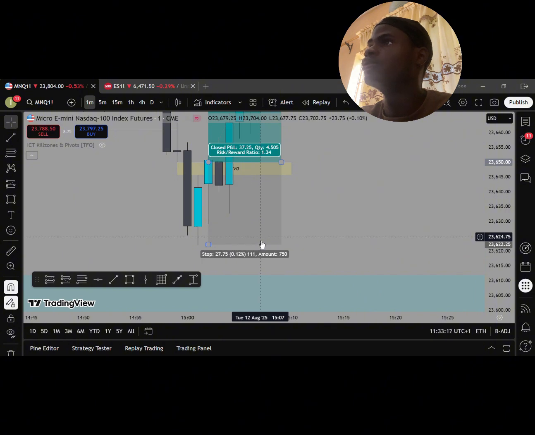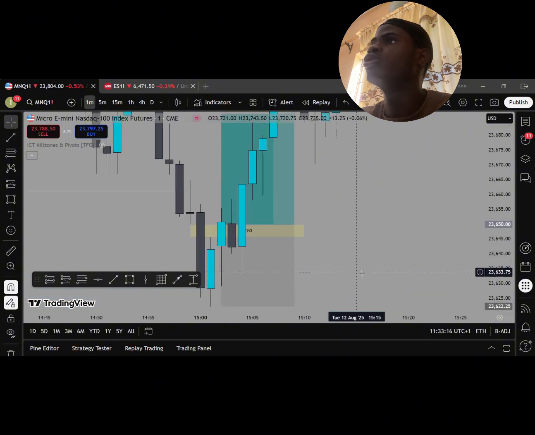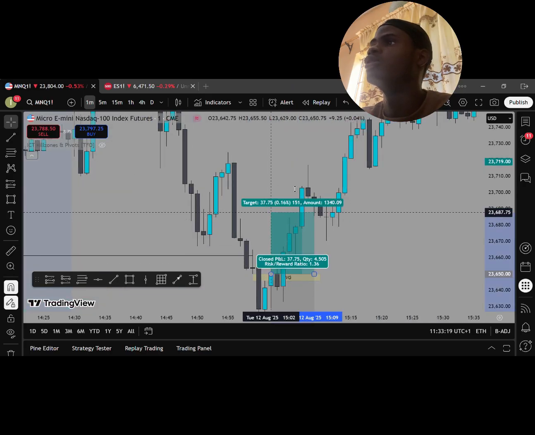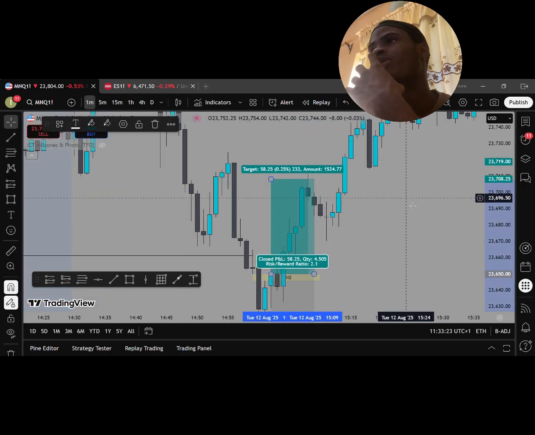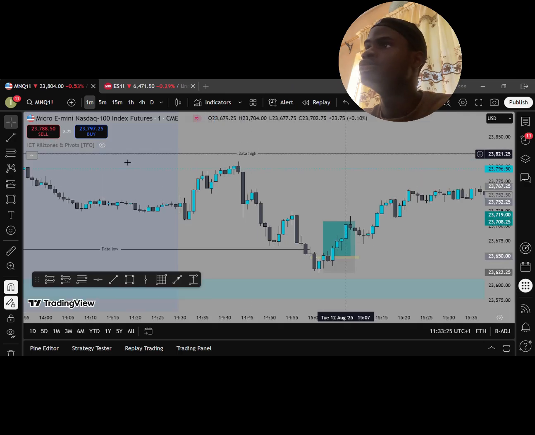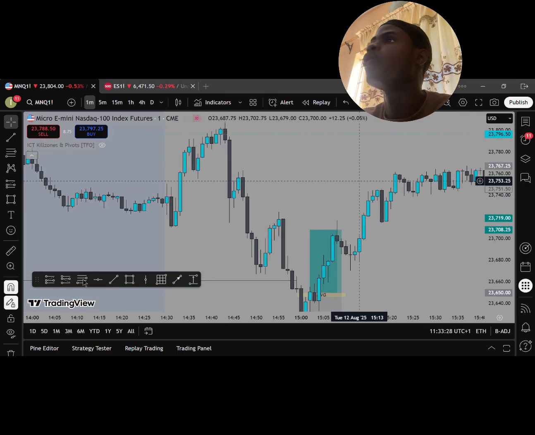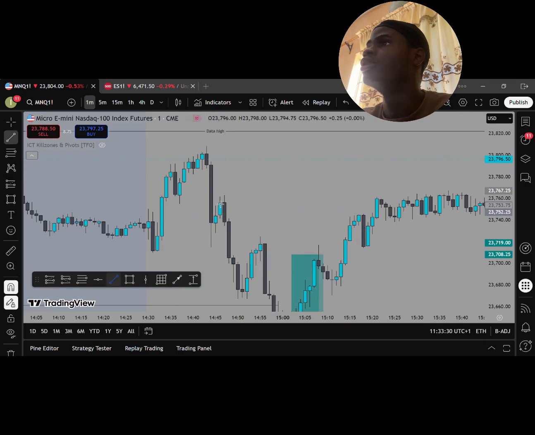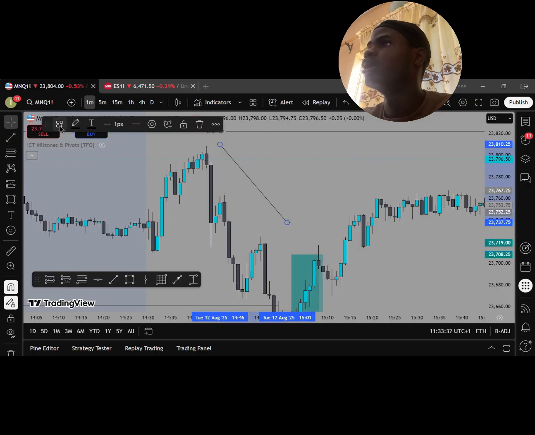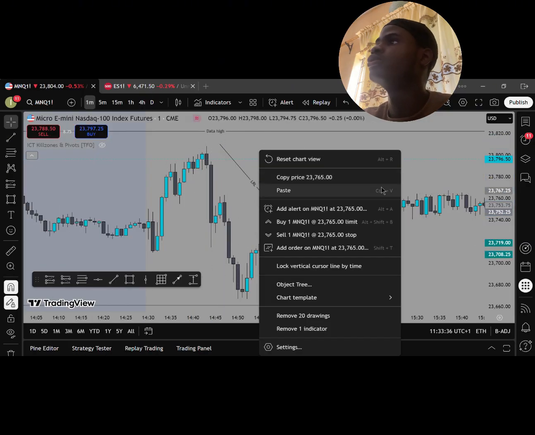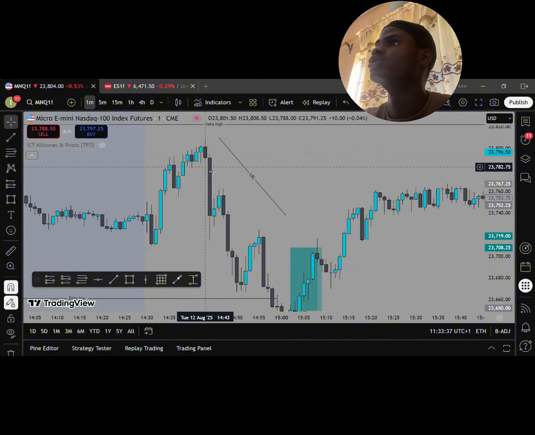And I always enter from the rich of the IFVG. I would have put my stop here, at 11.1, whatever. I would have been aiming for at least a 1 to 2, knowing fully well that the data high was here.